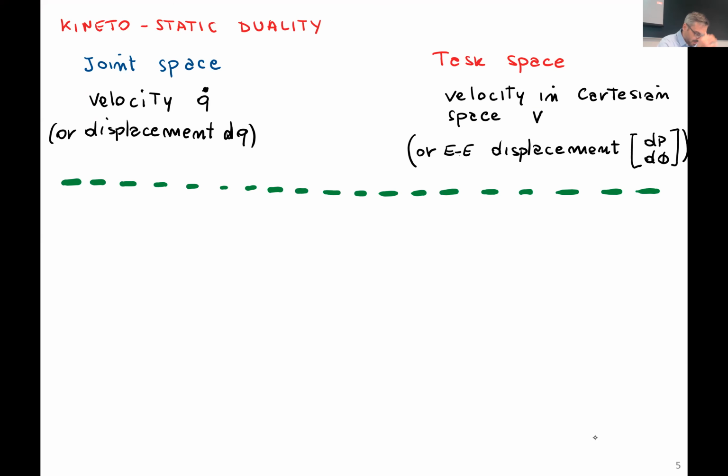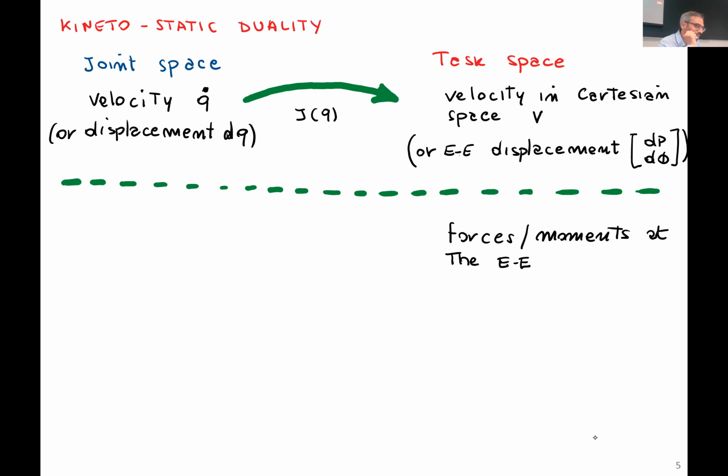Okay, so we now want to define some duality between velocities and forces. We saw that the Jacobian maps joint velocities into Cartesian velocities, or virtual displacements. But we also saw that the Jacobian transpose does the opposite.